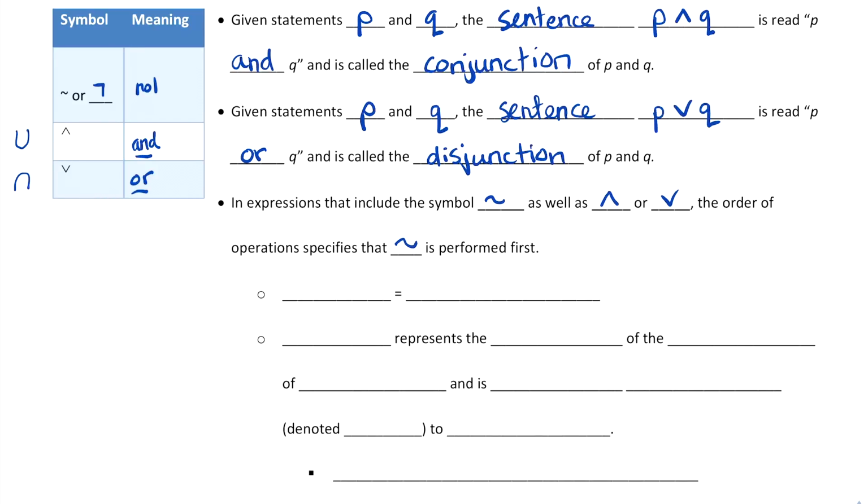So let's check it out. If we have something like this here, it's read not P and Q. Notice the pause there. So if we were putting in parentheses to emphasize what happens first, it would look like this.